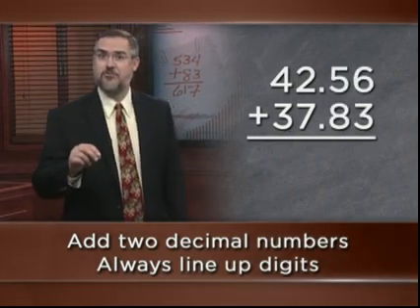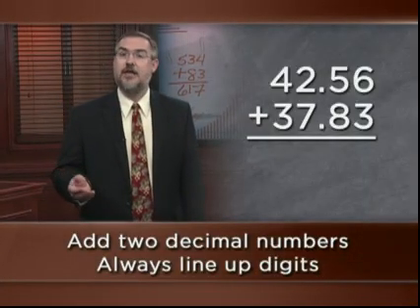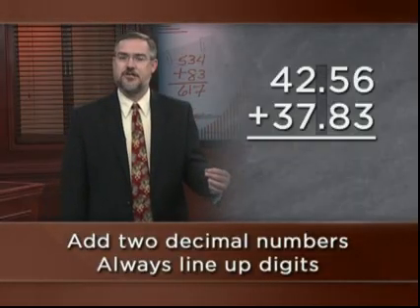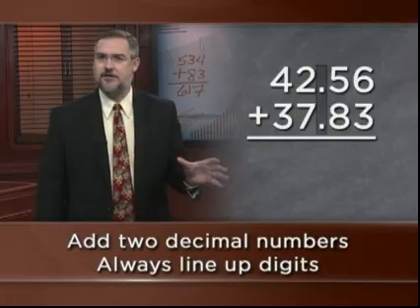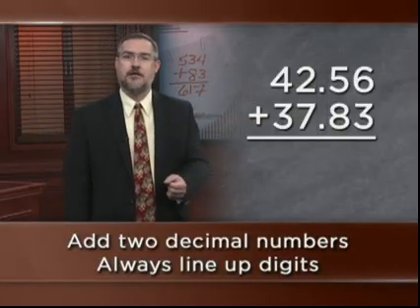Thankfully, with 2 decimal numbers to add, the lining up process is usually pretty easy. If you just line up the decimal points in each of the numbers and then keep everything else in their own column, you'll be good to go. Now, let me make one quick suggestion that might help some of you.